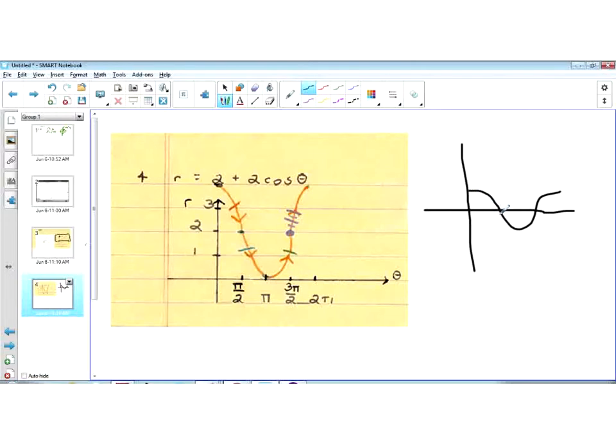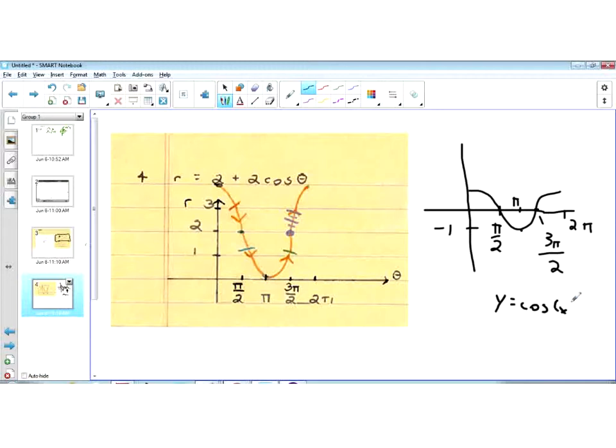This would be 0, pi halves, and then this would be pi. This would be, of course, -1 here. Then this would be 3 pi over 2, and then this would be 2 pi. This black curve is y equals cosine x.